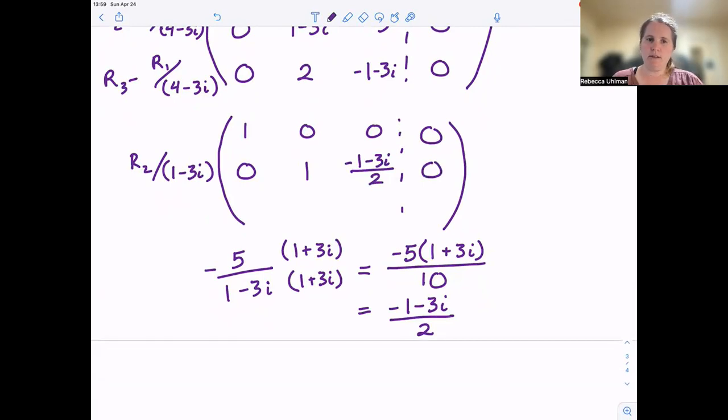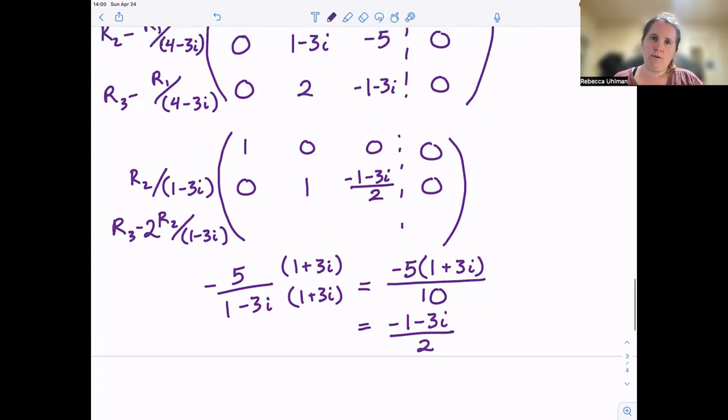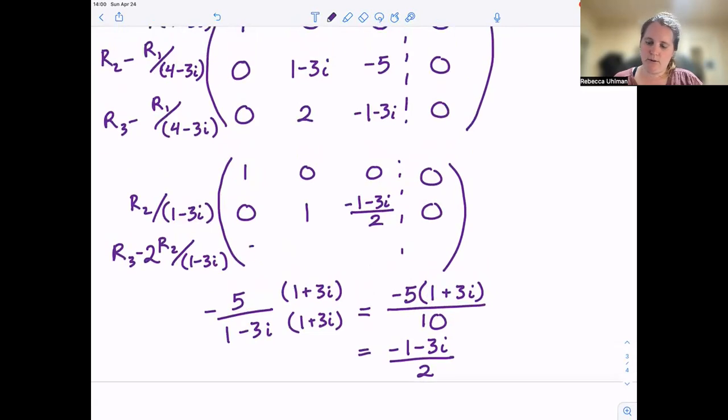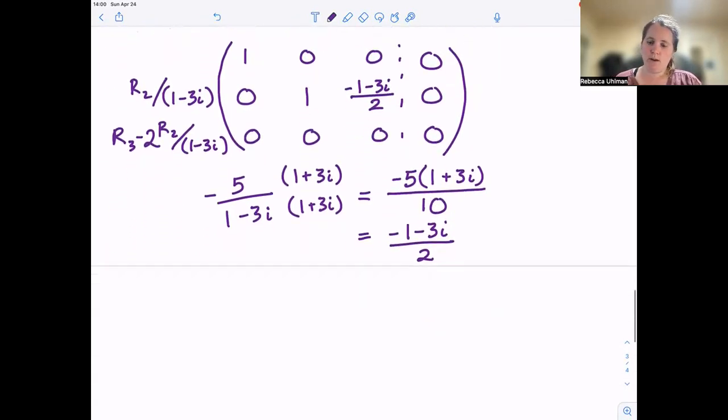And as you can see, if we just did row 3 minus 2 copies of row 2 over 1 minus 3i, they do just precisely cancel each other out, and we have 0, 0, 0, 0 for our last row. So we do get a free variable, which is good.